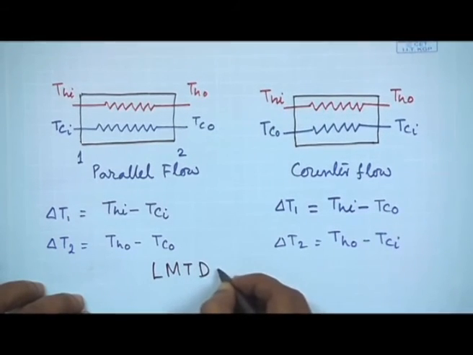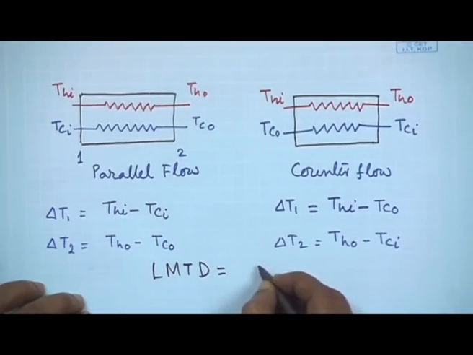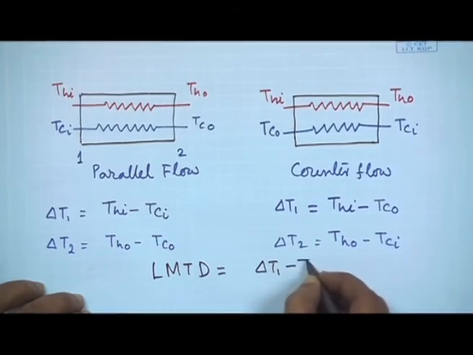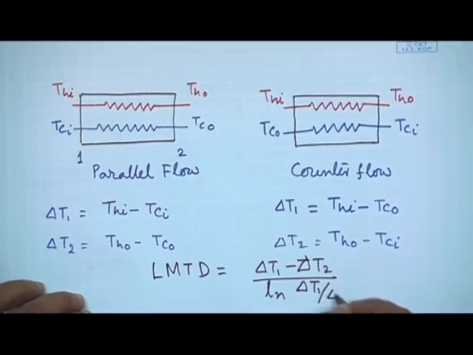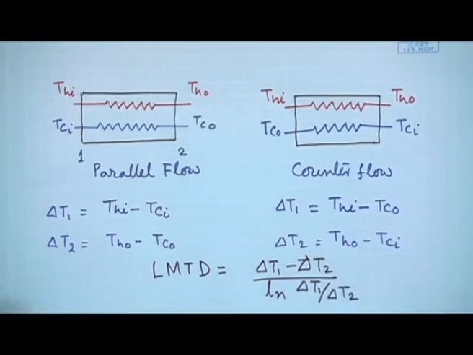LMTD is equal to delta T1 minus delta T2 divided by ln of delta T1 by delta T2. So, with this let me stop for the time being. We will restart from here and see how we can do the analysis of the heat exchanger. Thank you.